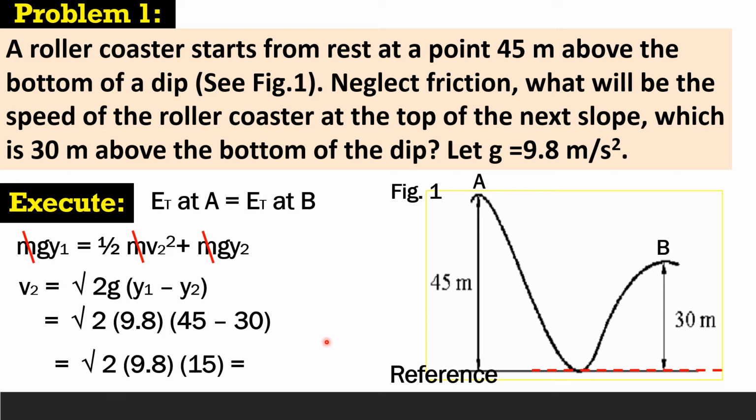Eventually, what we will get is the value for v2, which is 70 meters per second. So we just computed the unknown variable simply by using the formula for the law of conservation of mechanical energy.